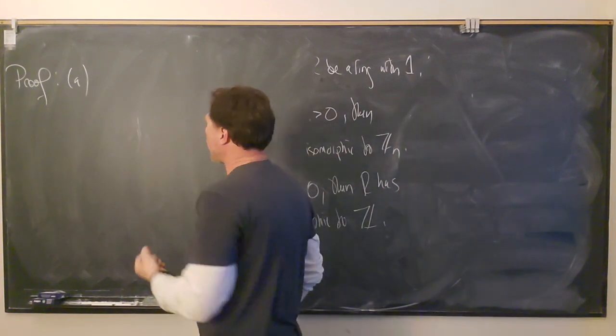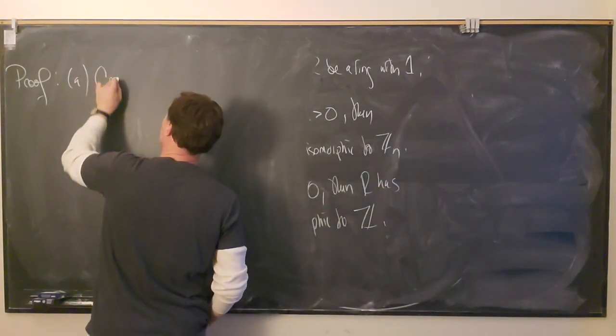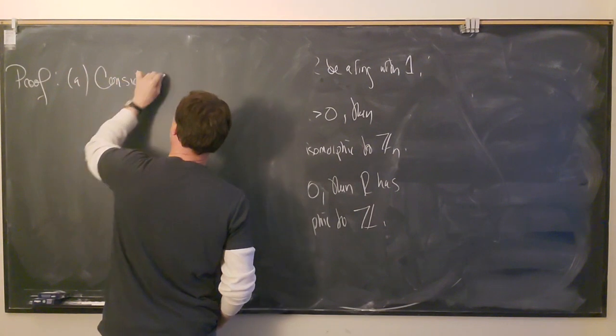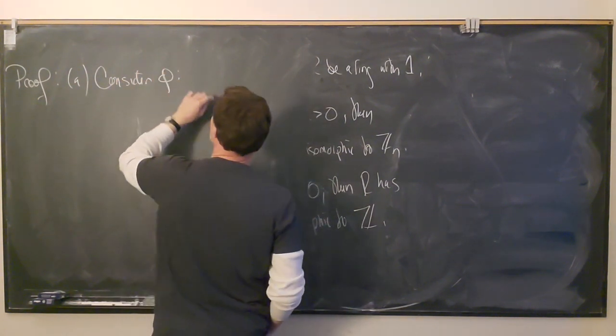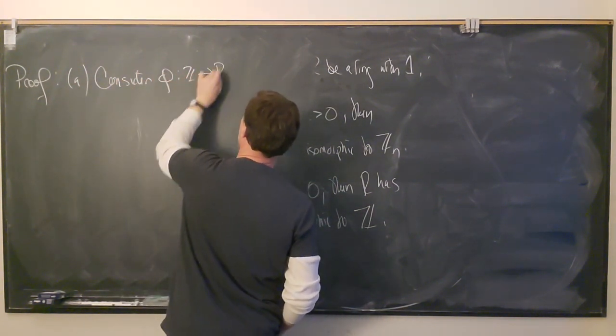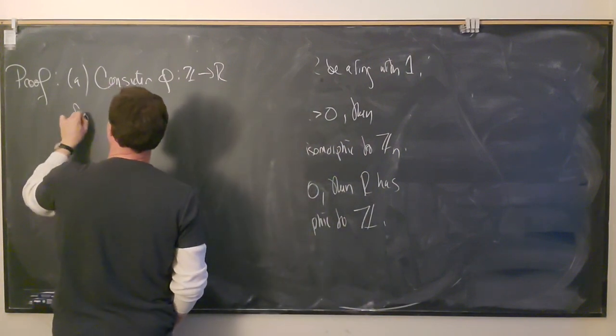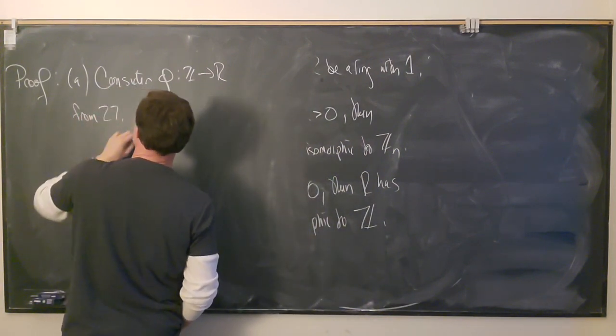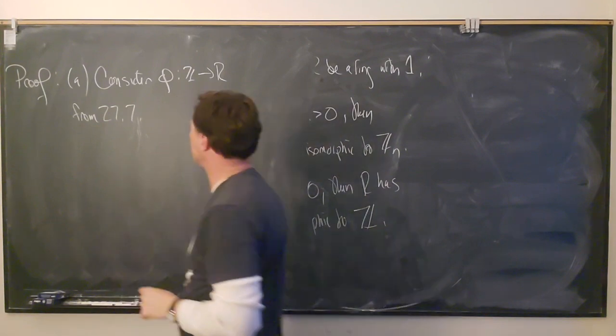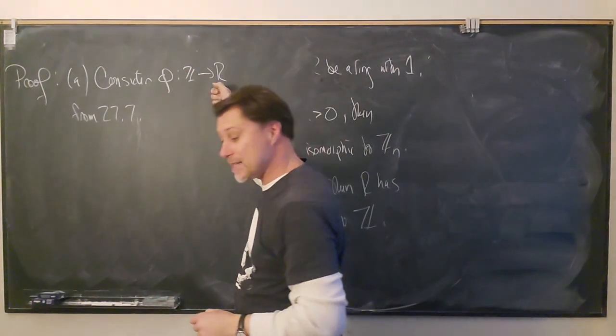So remember, we've got our homomorphism, so let's consider phi from Z to R from 27.7, right? So that takes n to n dot 1.